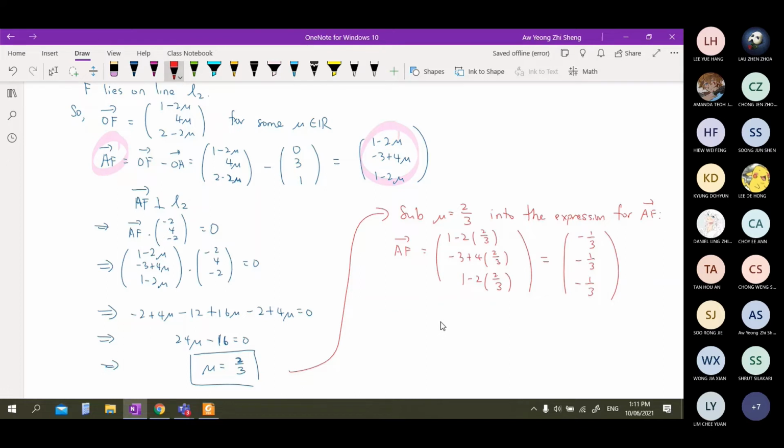Okay, then at the end we can find the shortest distance between lines L1 and L2. Mention the word shortest distance at least. It is just the length of the vector AF.